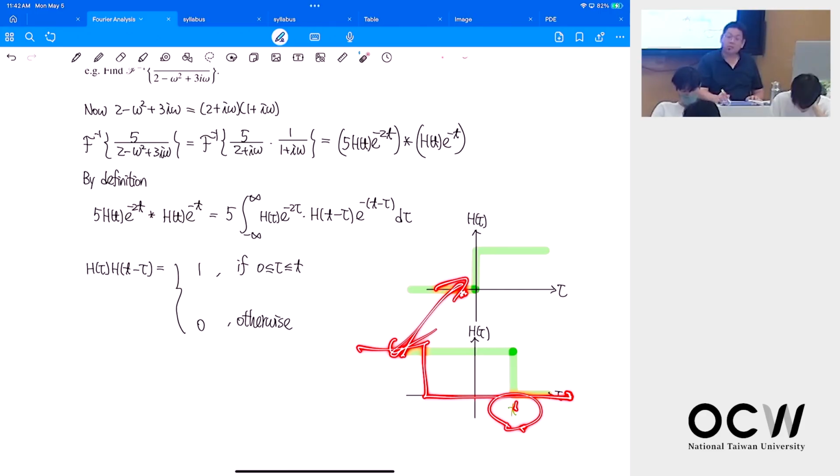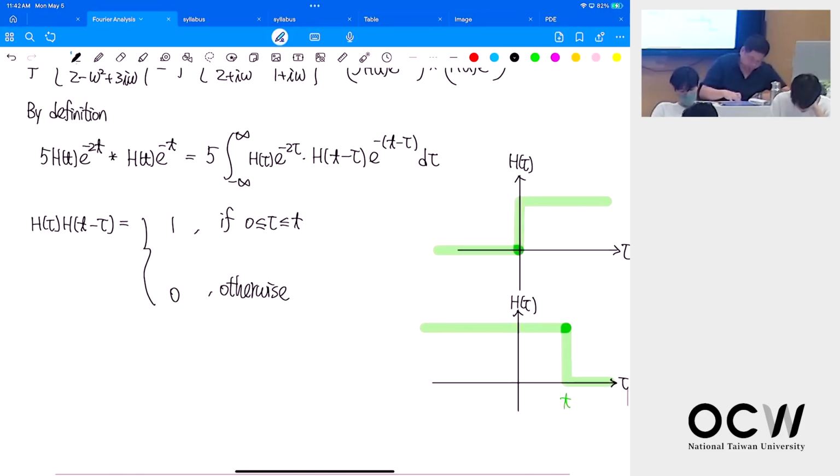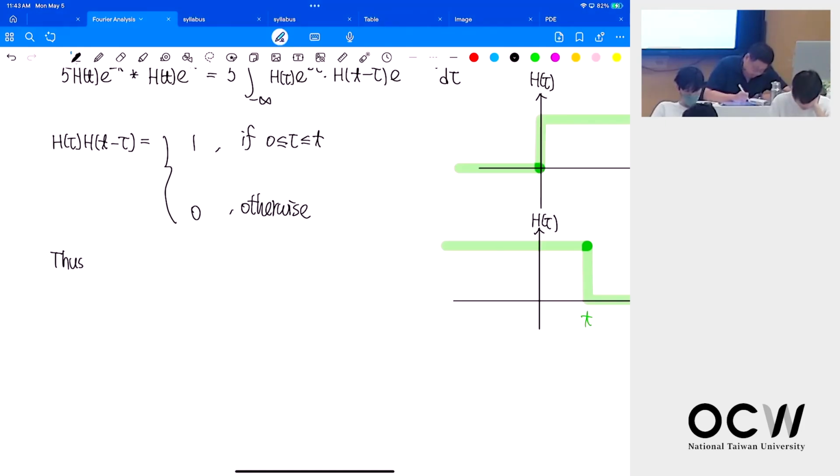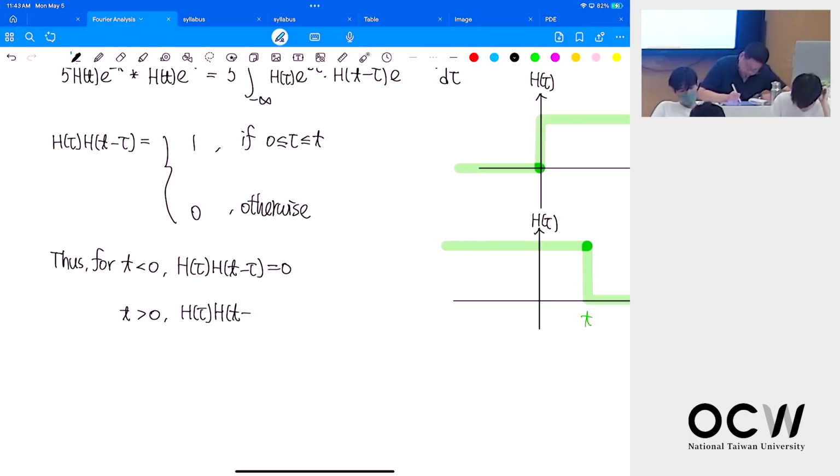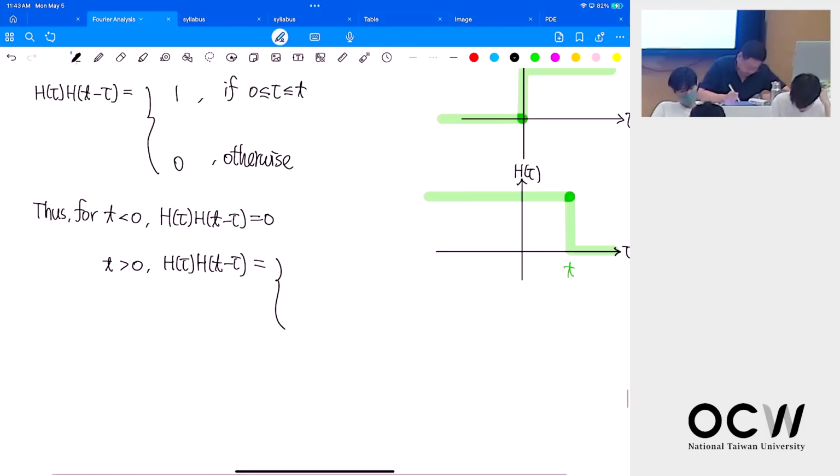Okay? So for t less than 0, your product is 0. When t is greater than 0, then the product is either 1 or 0. If it is 1, that means tau is between 0 and t. Otherwise, this is 0.